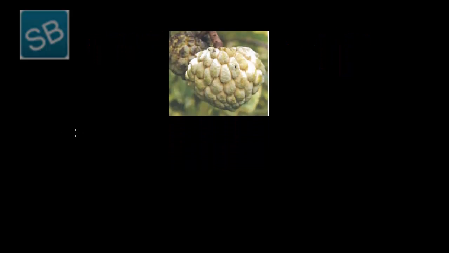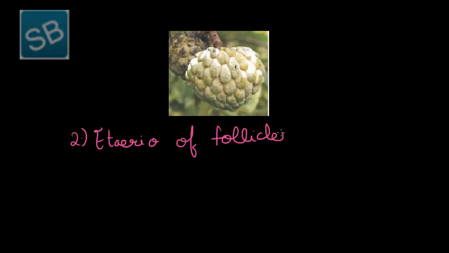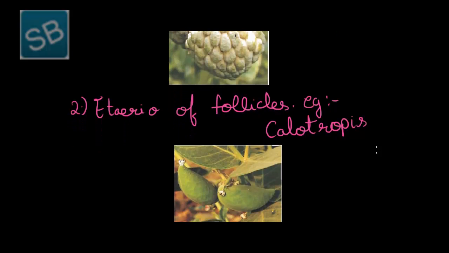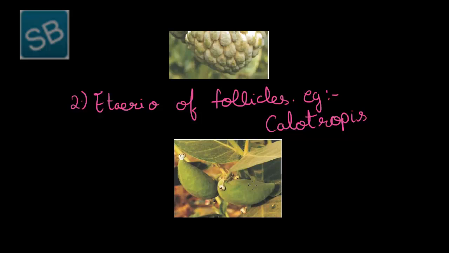Second example is etaerio of follicles. An example of this type is calotropis. This figure indicates the structure of etaerio of follicles, that is calotropis.